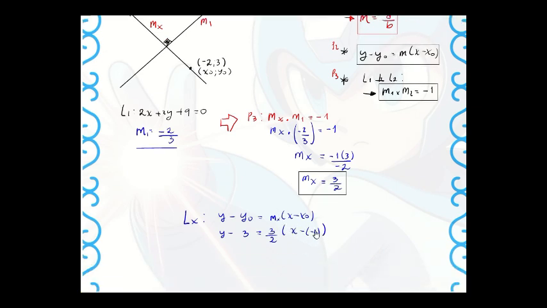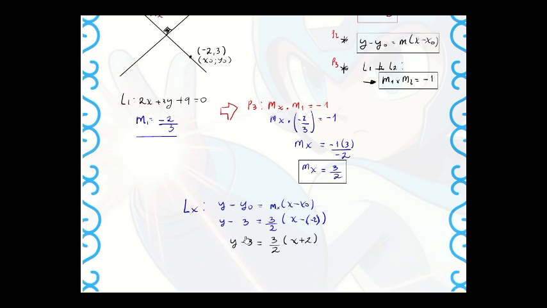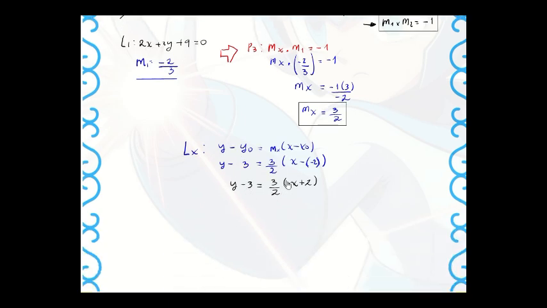It's extremely important that you use parentheses here because you have a negative number. Ok, entonces esto nos va a quedar así. 3 sobre 2, x plus 2, minus y minus is positive, and this is y minus 3. And let's multiply by 2 both sides. So here is 2 times y minus 3.